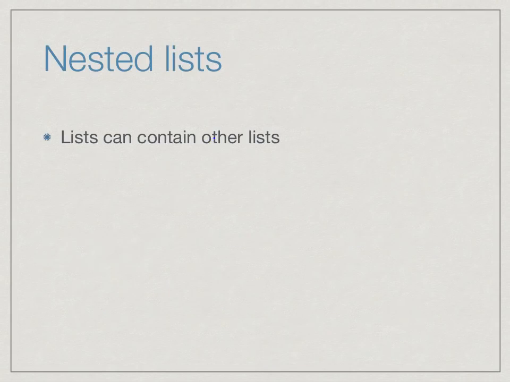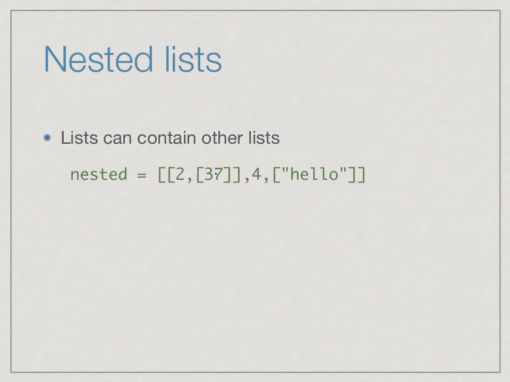Now lists can contain other lists, so this is called nesting. So for example, we can have a nested list. This contains a single value at the beginning, which is another list. So this is position 0, this is position 1, and this is position 2. Position 1 is a single simple value, an integer 4.